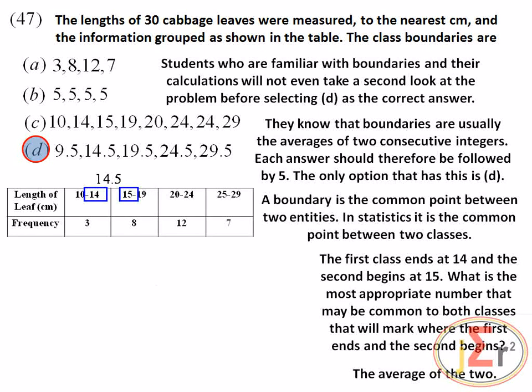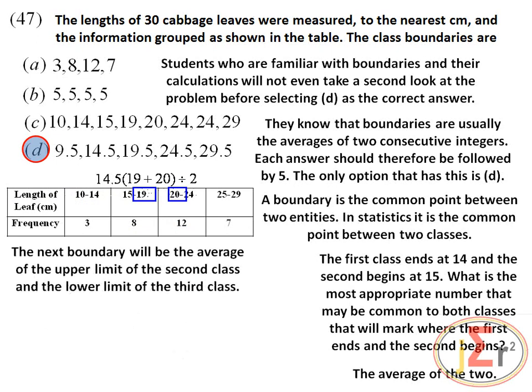That turns out to be 14.5. We will take the average again. The next boundary will be the average of the upper limit of the second class and the lower limit of the third class.